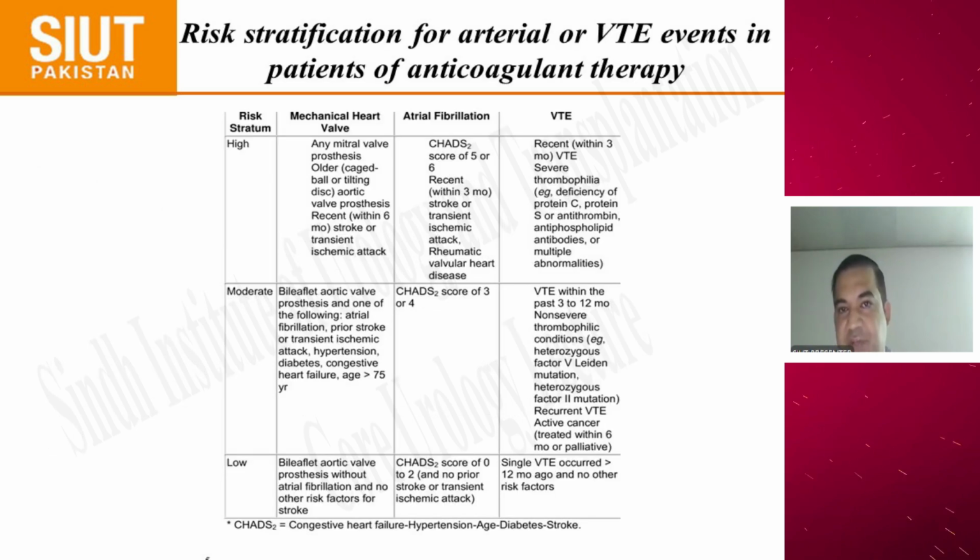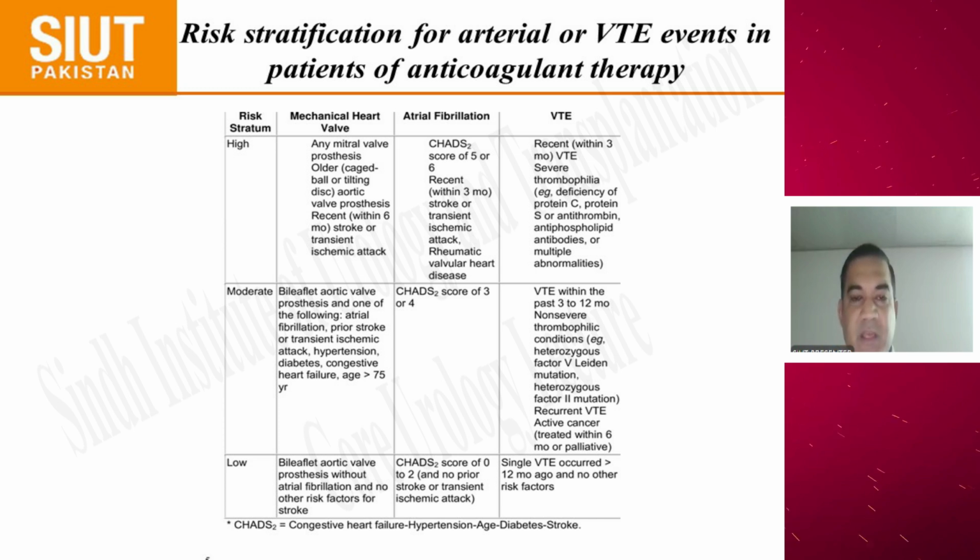This is a chart of risk stratification of arterial or venous thrombotic events in patients on anticoagulation therapy. High risk: mitral valve prosthesis, aortic valve prosthesis, recent stroke or transient ischemic attack within 6 months, CHADS score of 5 or 6, or recent VTE, severe thrombophilia, deficiency of protein C, protein S, or antithrombin.